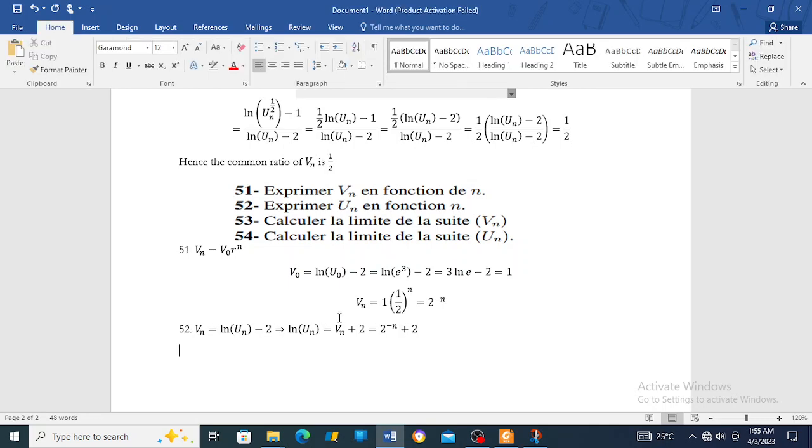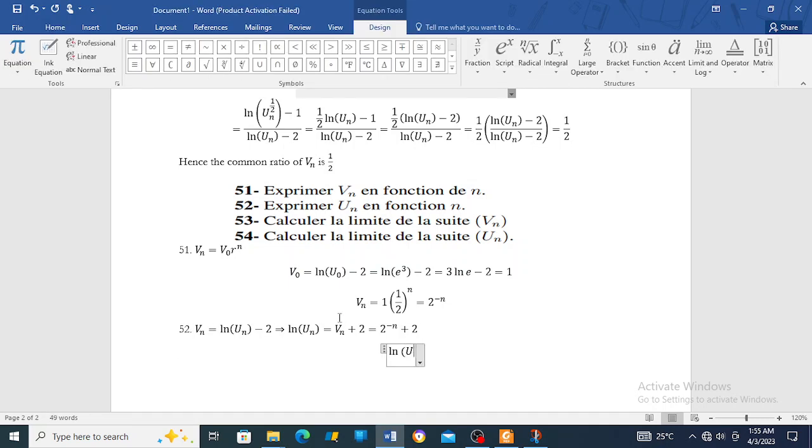Okay, so it means that the ln of u of n is 2 raised to the power negative n plus 2. So we can take the exponential on both sides. So taking e raised to the power the ln of u of n, we just get u of n, and then we have e raised to the power 2 raised to the power negative n plus 2. So that is our u of n in terms of n as well.